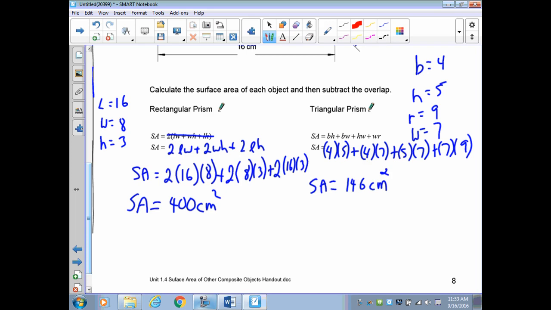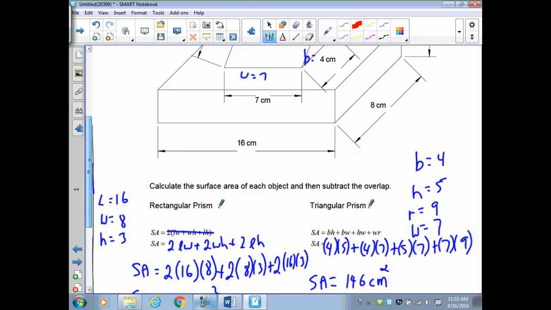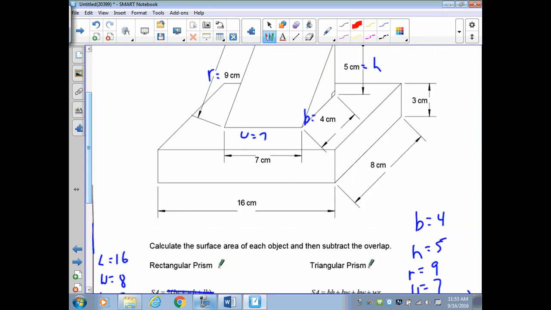So there we have the box, and we have the triangular prism. So now we have to calculate the surface area of our overlap. Now going back up here, the bottom of the triangle is a rectangle which fits right there. And you'll notice that it's 7 right here by 4.